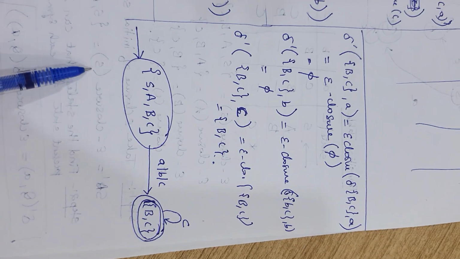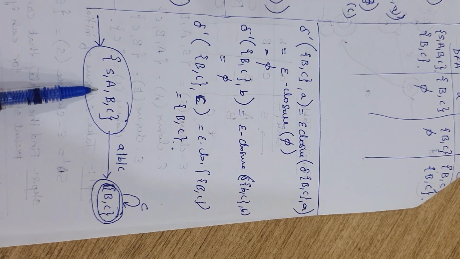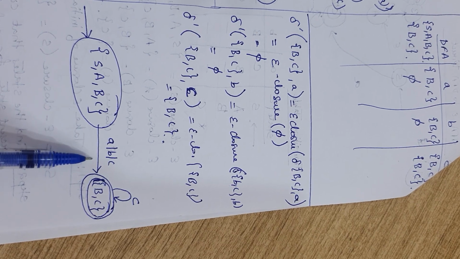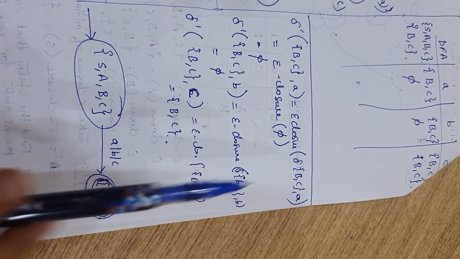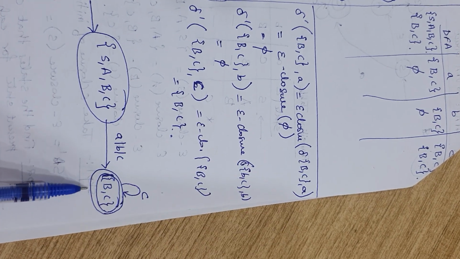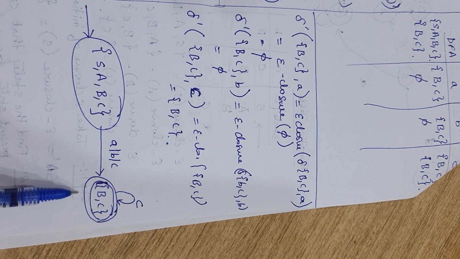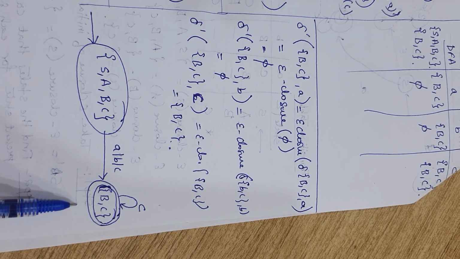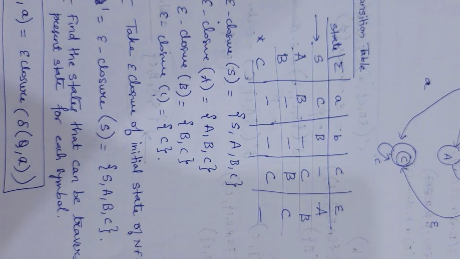So this was my initial state SABC. Transiting on A, B, C, all these symbols, it gave me the state BC. BC has only one transition, going to BC with C. So this is done. Now what will be our final state? Final states will be all the states which contain the final state of the given NFA.